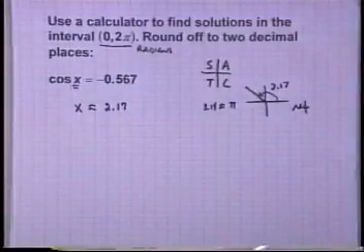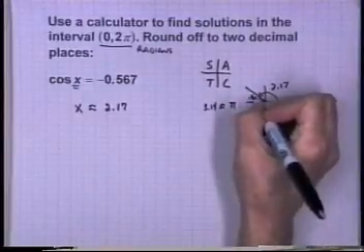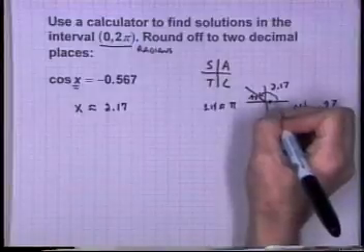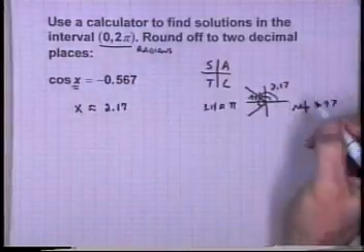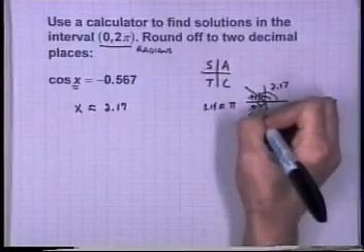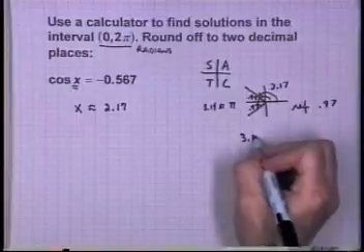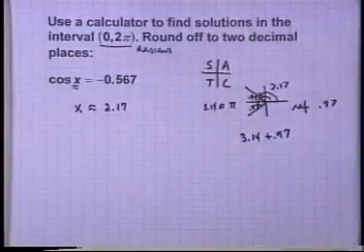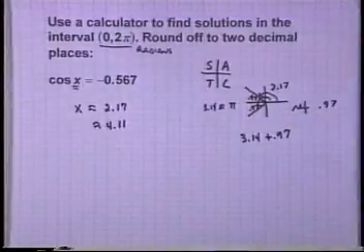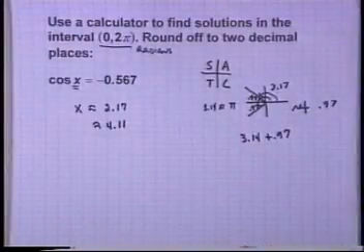So my reference is 0.97 right here. Now if I'm going to go to the third quadrant for my other place where the cosine is negative, then I need to use this 0.97 as a reference also there. And so what I will be doing is 3.14 plus 0.97. 3.14 plus 0.97 is 4.11.